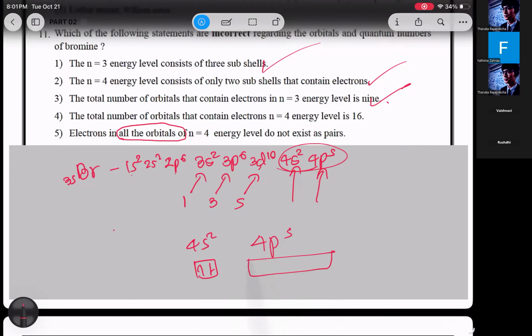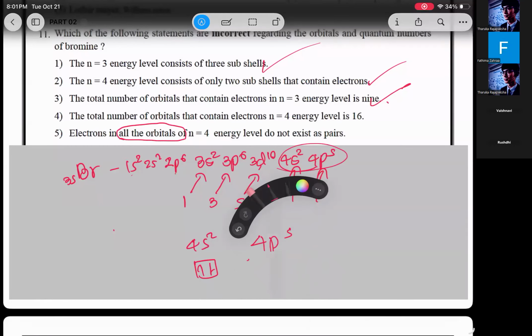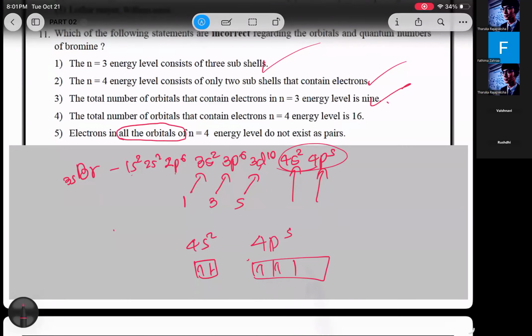In 4p5, it is p, so there's only one lone electron. 1, 2, 3, 4, 5, like this. So there are 3 orbitals which contain pairs and there is 1 electron which is alone. So the statement about electrons in all orbitals of n equals 4 is wrong.